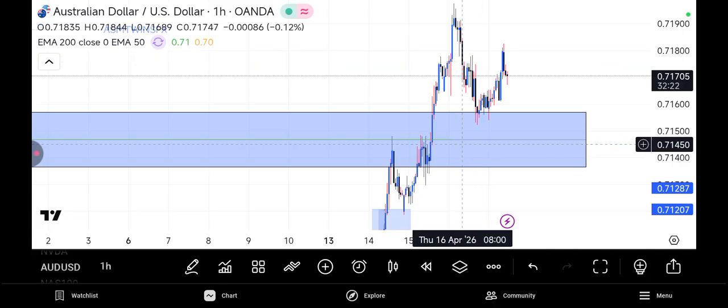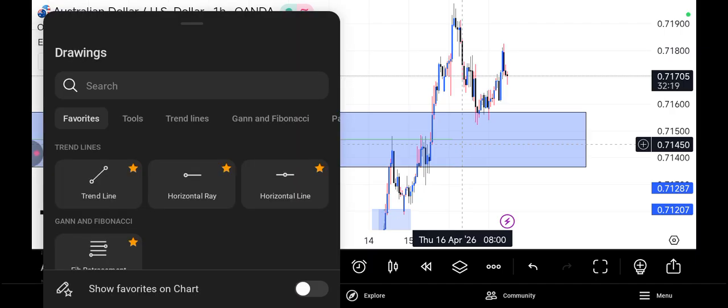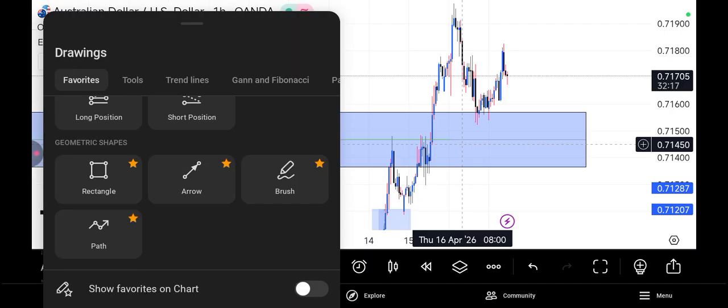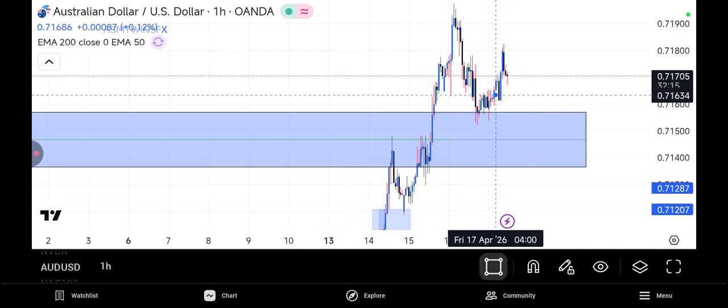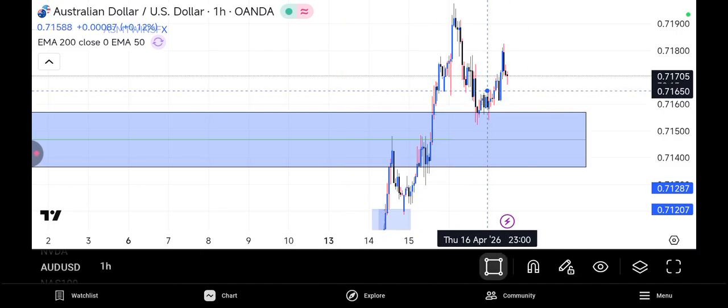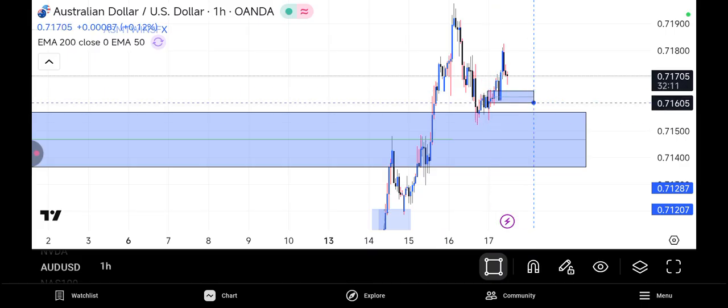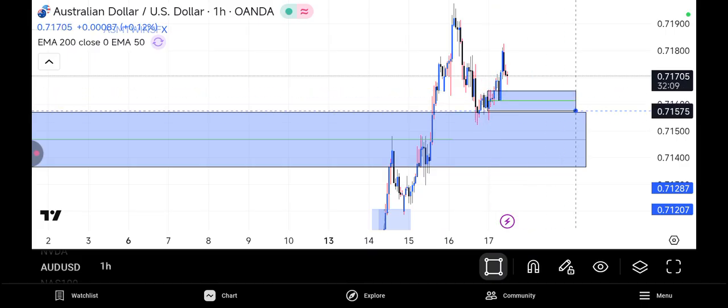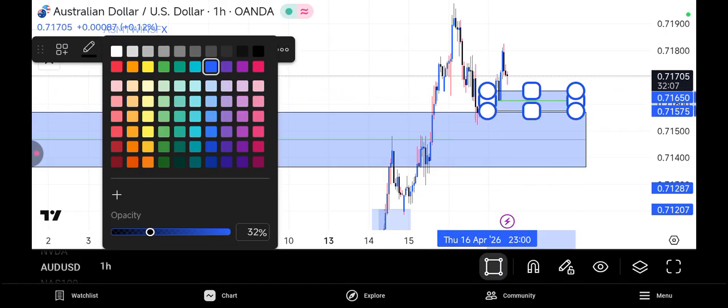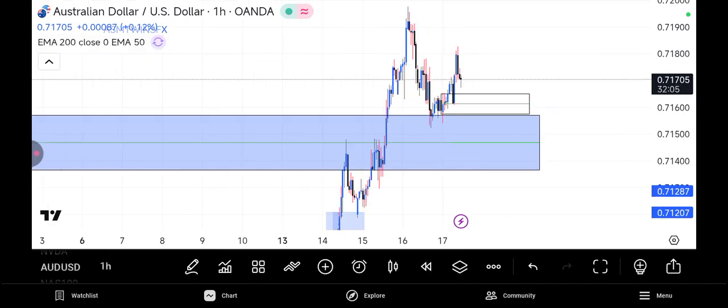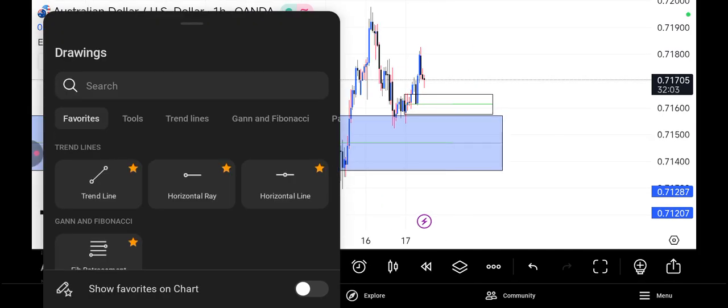So let's mark it out again, and let's see what price will do to it. So this will be our entry on AUD. Why?